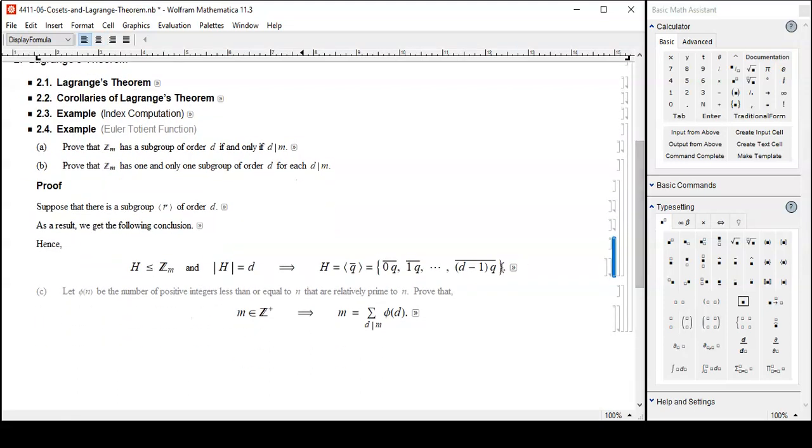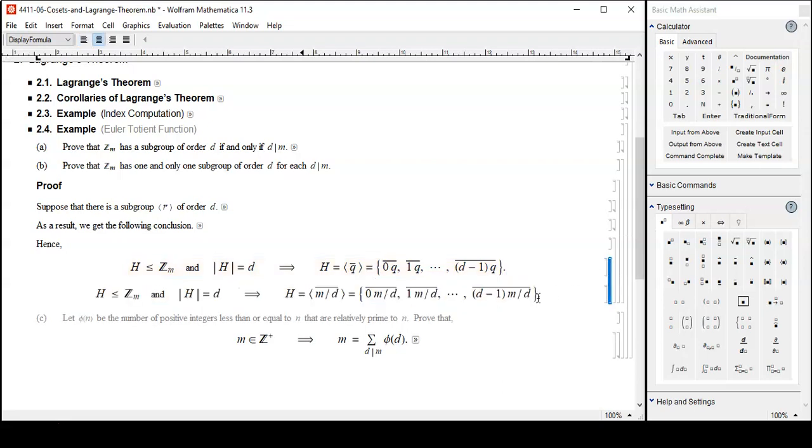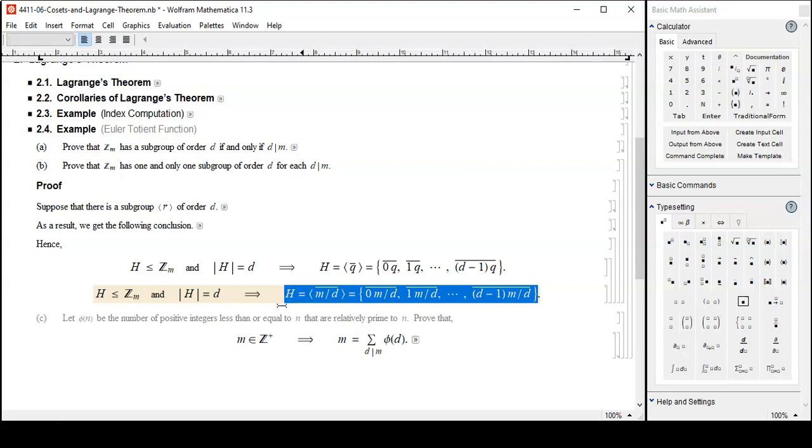So we are back here. Any subgroup of order d is actually a cyclic subgroup generated by q bar. As a matter of fact, q bar is nothing more than m over d bar, so it's going to be of this form. Now the second form is going to be a little bit more convenient, or maybe the third form.